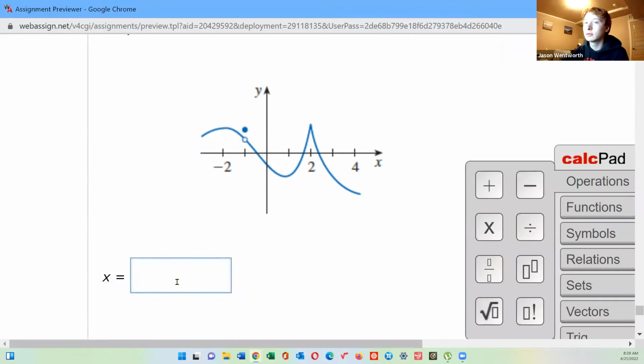I agree. And 2. And if we were going to put names on them, wouldn't that be a removable discontinuity? And wouldn't this one be a cusp? Right? Cusps look to me like the top of houses. That's kind of how I imagine them.